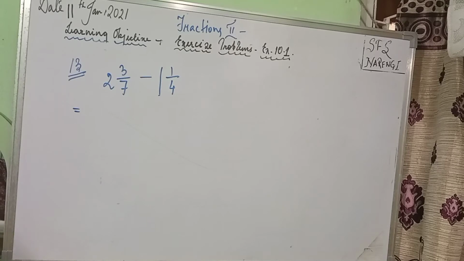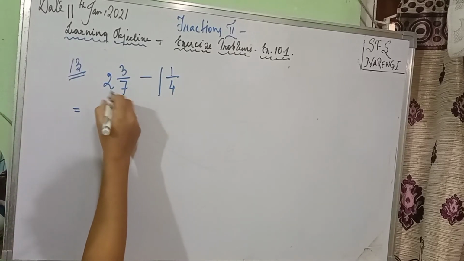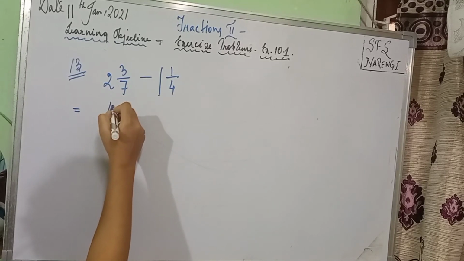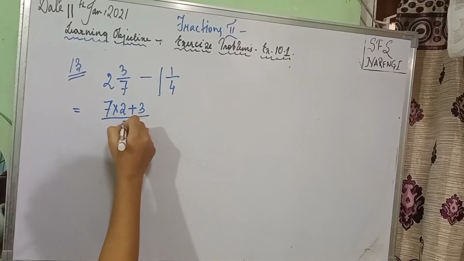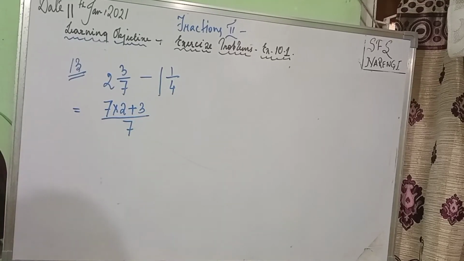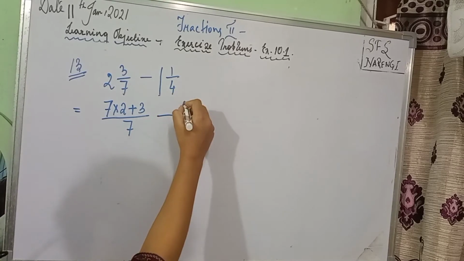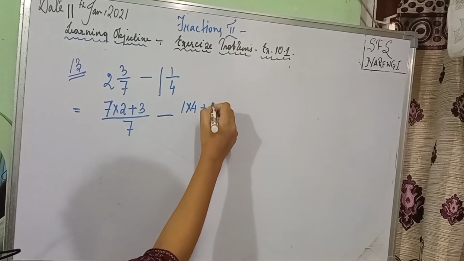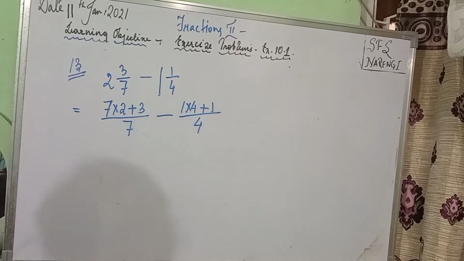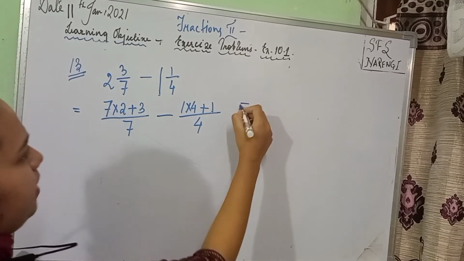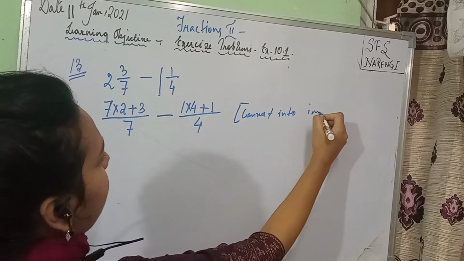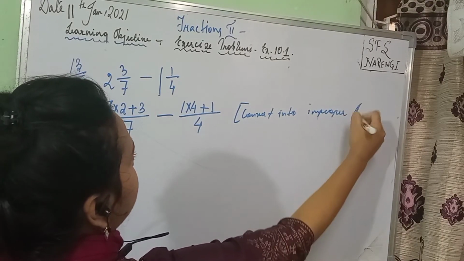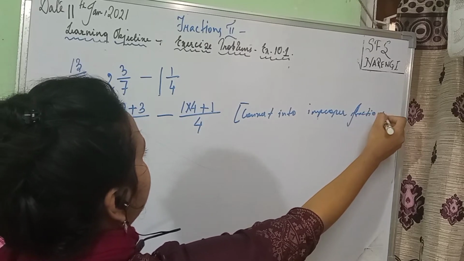The first step that we can do is convert it into improper fractions. 7 multiplied by 2 is 14 plus 3 divided by 7. On the other hand, 1 multiplied by 4 plus 1 divided by 4. That means the first step is convert into improper fractions. Okay, step 1.